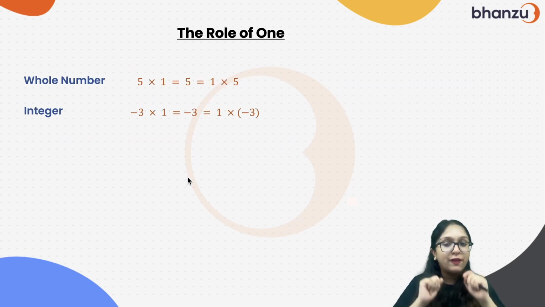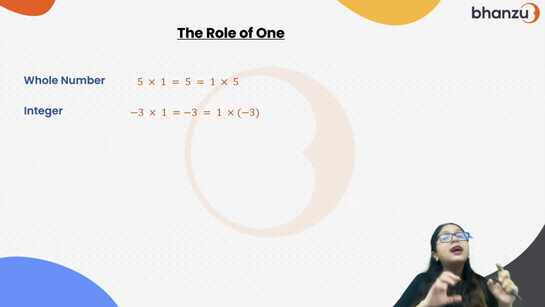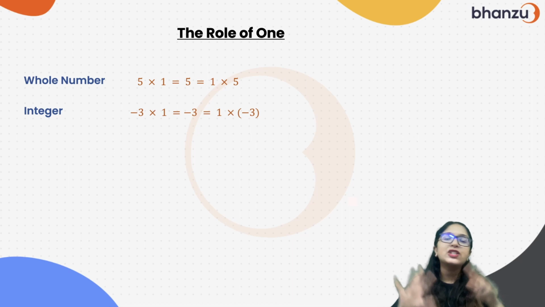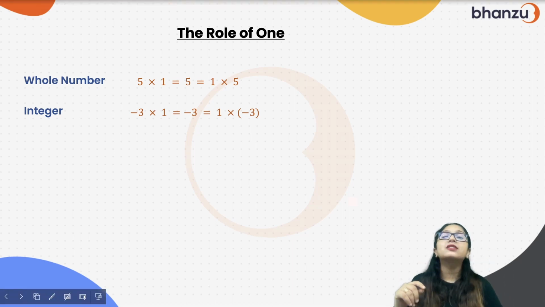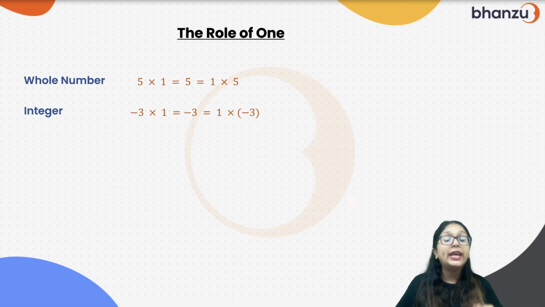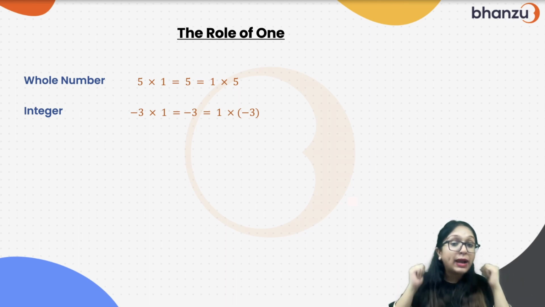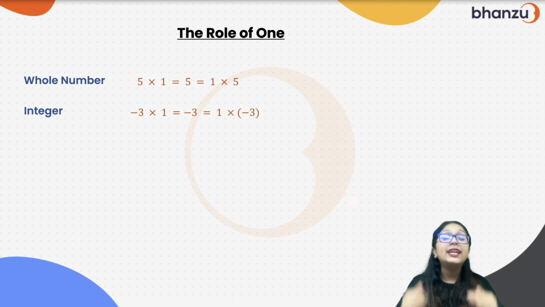Let's talk about the role of 1. If we multiply whole number with 1, that answer is the whole number itself. You can see that 5 times 1 is 5, 1 times 5 is 5, even if you change the order. In case of integers, you see, minus 3 times 1 is minus 3. 1 times minus 3 is again minus 3. So you can see that this is true in case of whole numbers and integers.